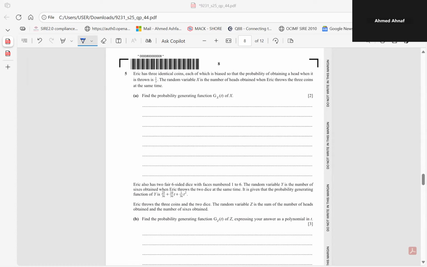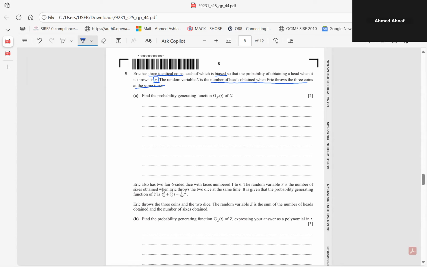For this question 5, we are told that Eric has 3 identical coins, each of which is biased. The probability of obtaining a head when it's thrown is 1/3. The random variable X is the number of heads obtained when Eric throws the 3 coins at the same time.